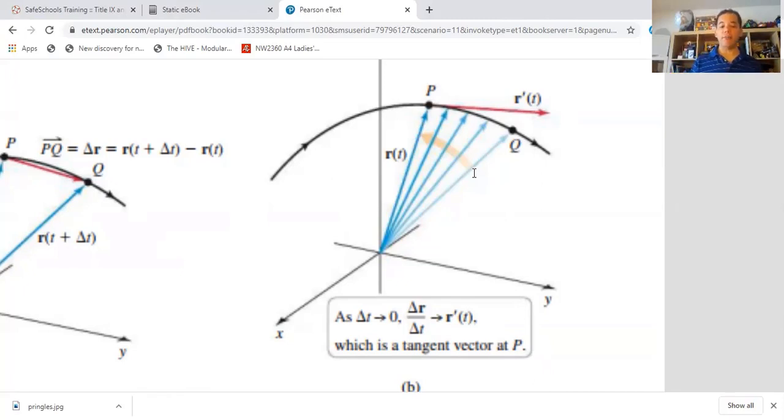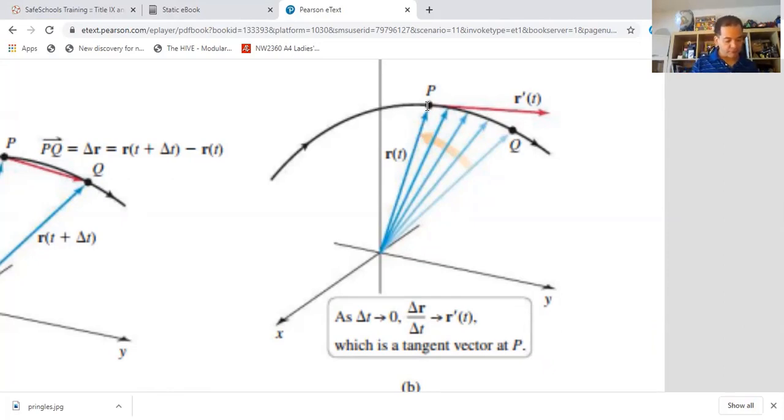So r prime, the derivative, we call the tangent vector at the point P, if the limit exists. If the derivative exists, the answer, r prime of t, will be the tangent vector at the point P.